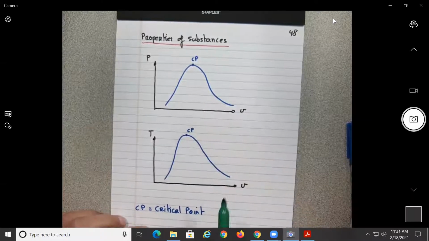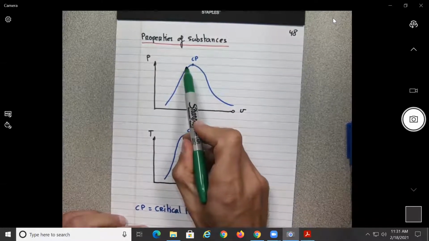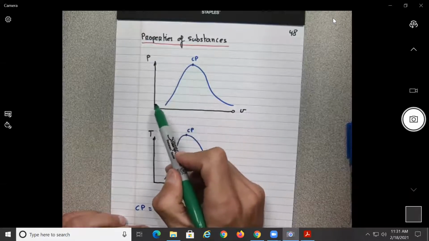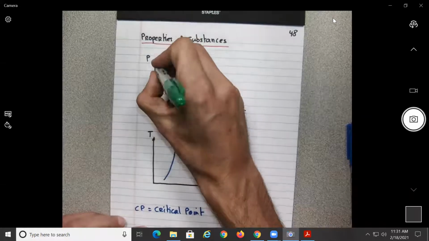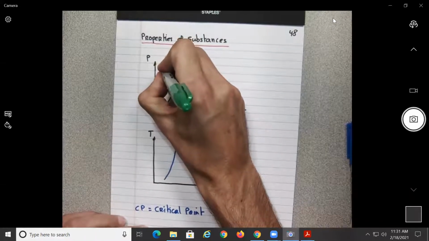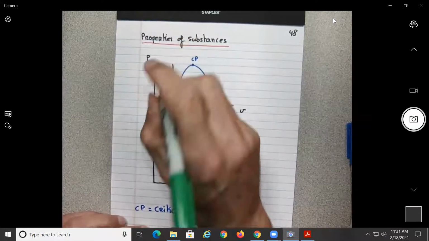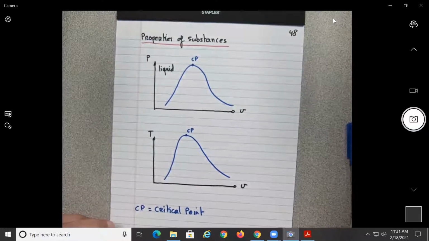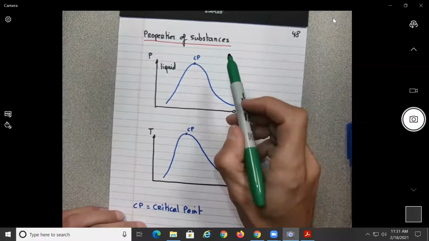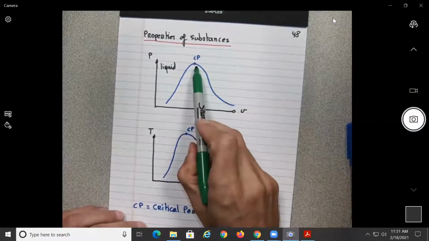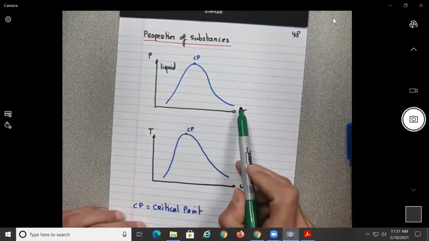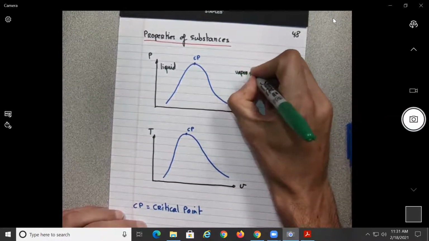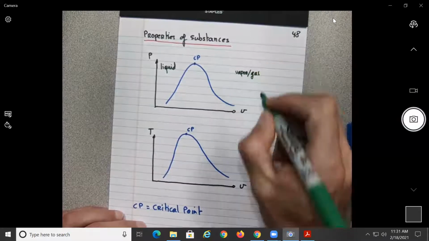area. So if we are on the left side of this curve, from the critical point to the left side of this curve, what is the state of the substance? I mean, to simplify, they call this compressed liquid, but let's just say this will be liquid. Okay? If you are on the right-hand side of this curve, what will be the state? Vapor or gas, okay, whatever you want to call it.